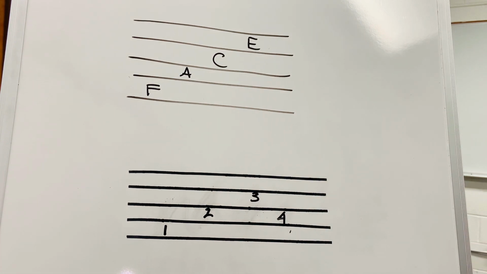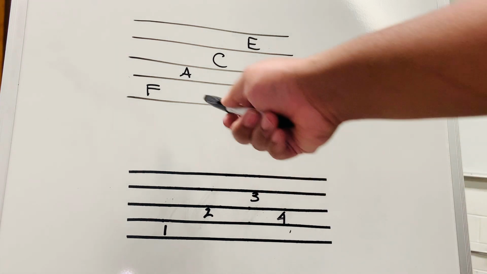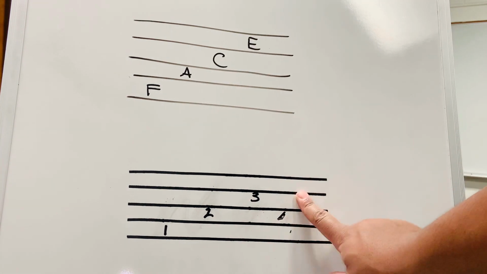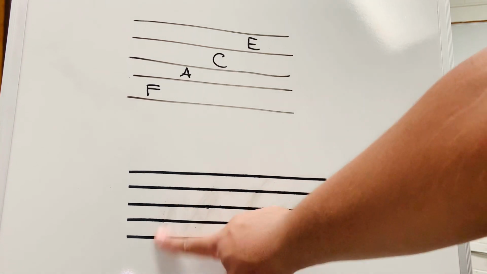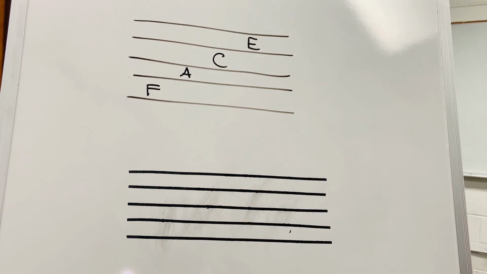You could show me what number order I played them in by drawing it in the space, okay? So remember, I'm going to play these in a different order, and you're going to have to figure out what order I played them in, all right? Again, we're working out our ears today.